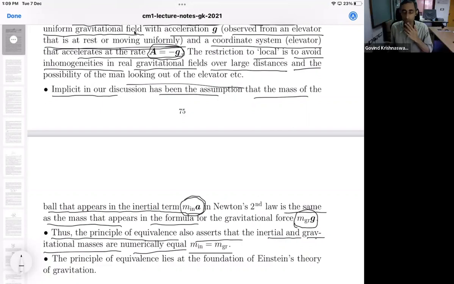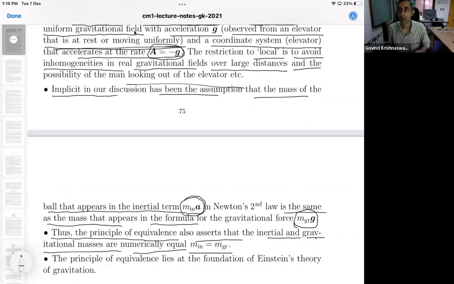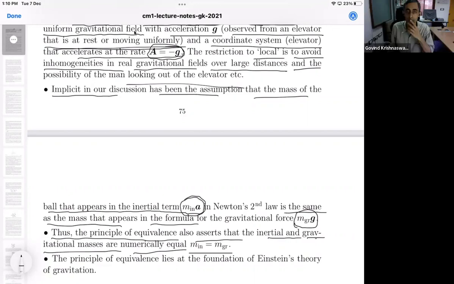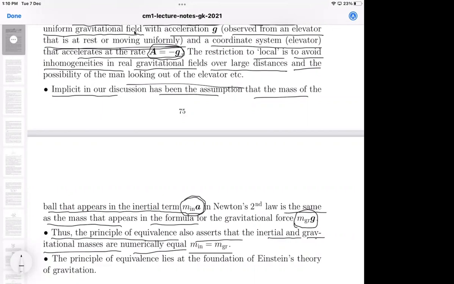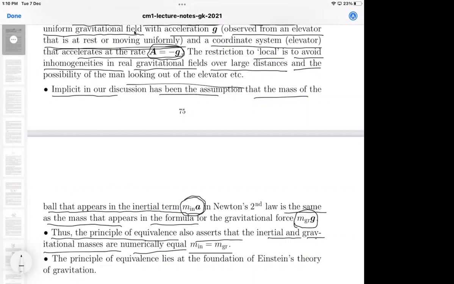But if we consider a frame which is moving with uniform acceleration A due to the presence of an electric field, in such a frame, if we take an electron and a proton, because the charges are opposite, they'll respond oppositely to the direction of the field.